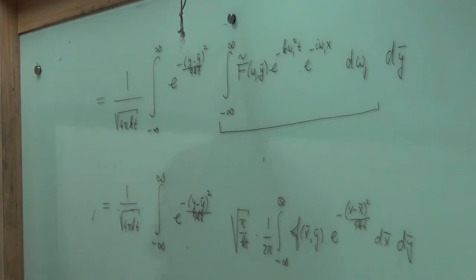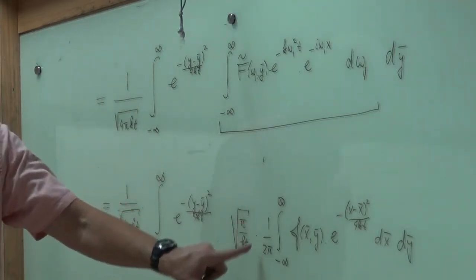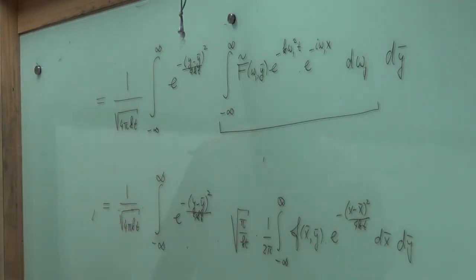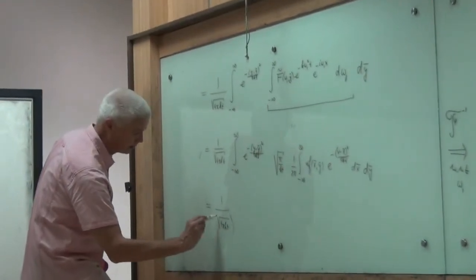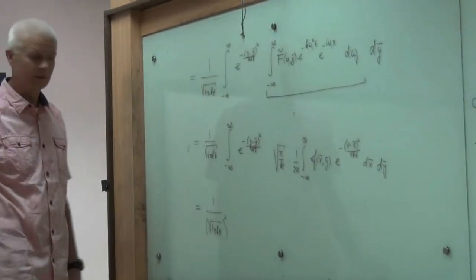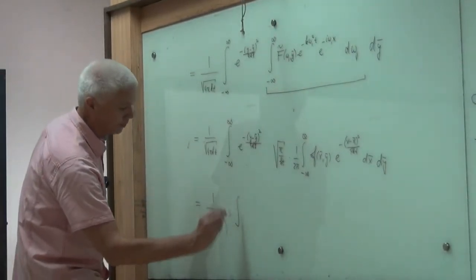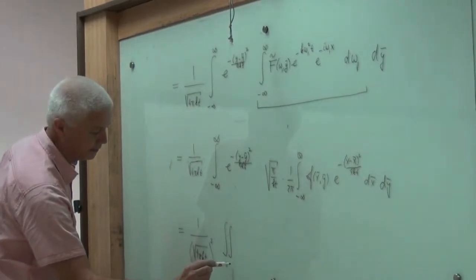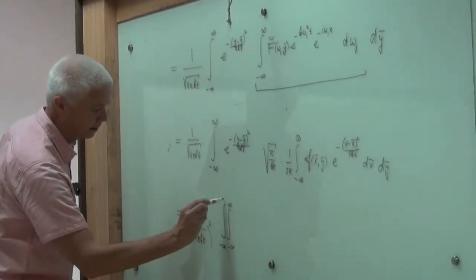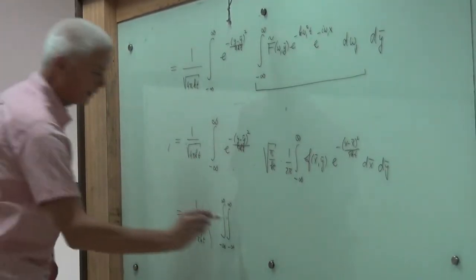Okay, then I can take all things together. This becomes 1 over the square root of 4 pi kt, so I will get over here 1 over the square root of 4 pi kt squared. Then I will get a double integral from minus infinity, this.